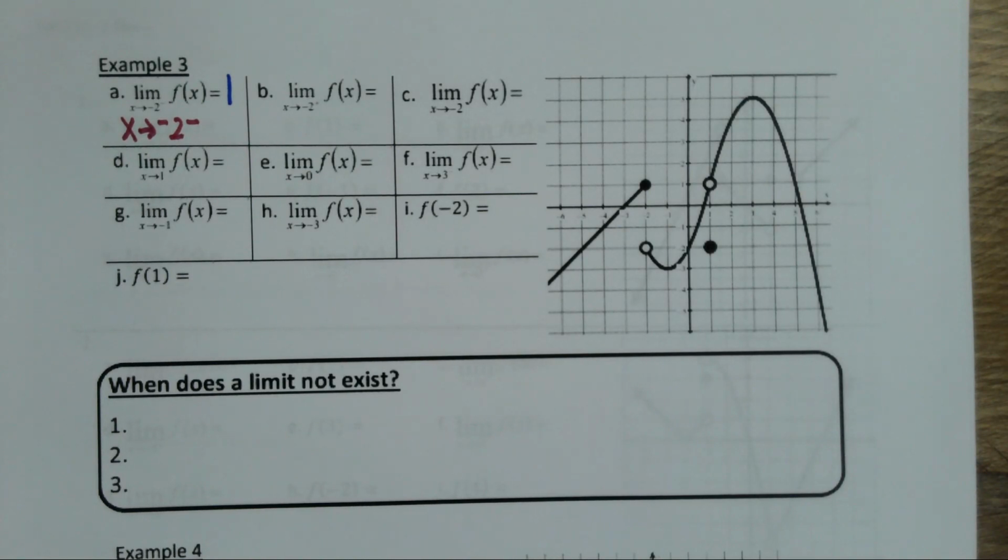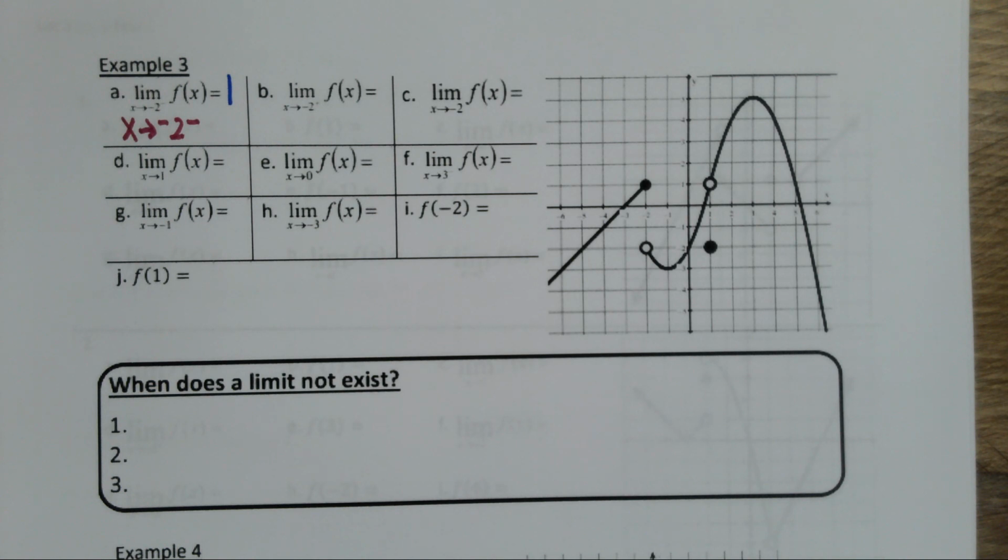Now I'm going to do the same thing, and when I talk about being on the function, if I could shrink myself down to a tiny person and be on the function, I don't mean be on the coordinate plane. I mean be on the function. So again, I'm on the function at -2, and if I want to find out where I'm headed as I approach -2 from the right, that means I have to jump to the right.